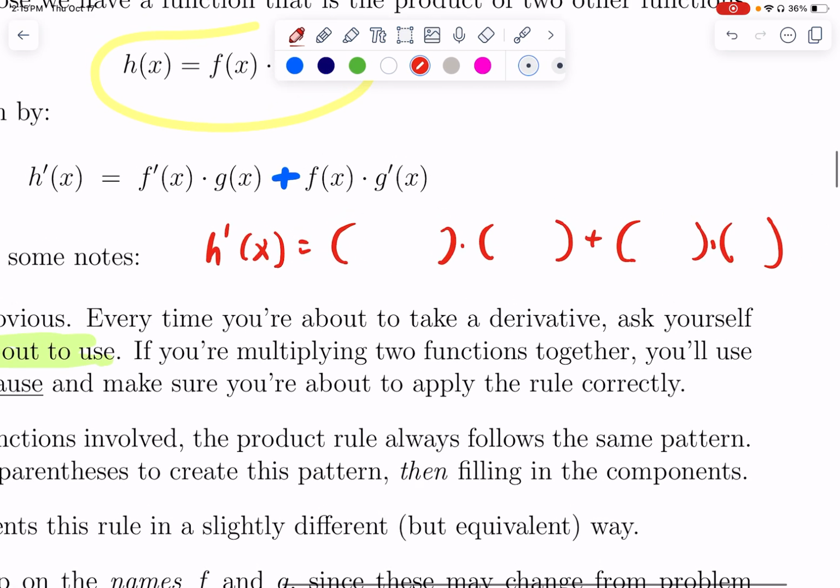So what I do sometimes, and what I recommend you do, is once you know it's going to be a product rule problem, just write this pattern, right? Something times something plus something times something. Then one at a time, fill in these parentheses. It's especially good because the parentheses will already be there and you won't have to remember to add them. It's always this pattern. Just write the pattern first and insert what you need.